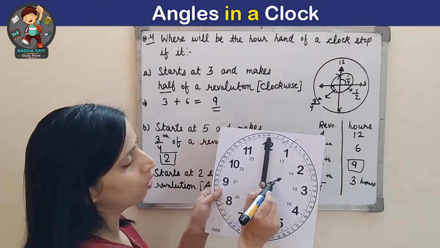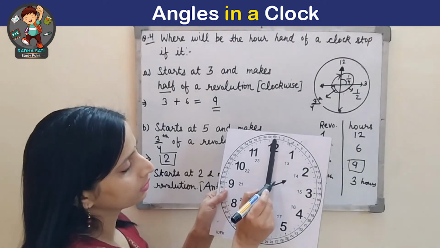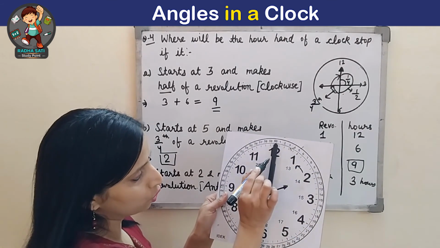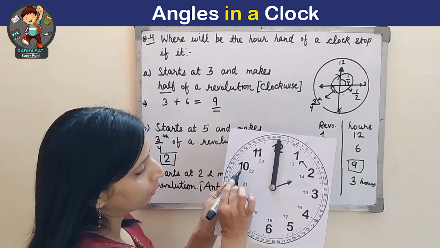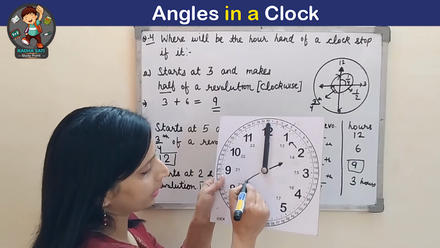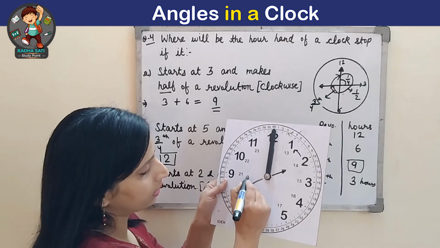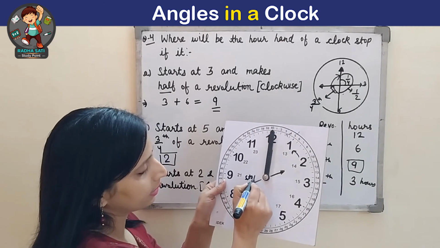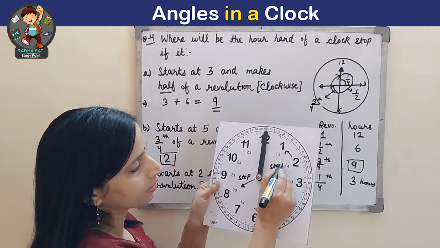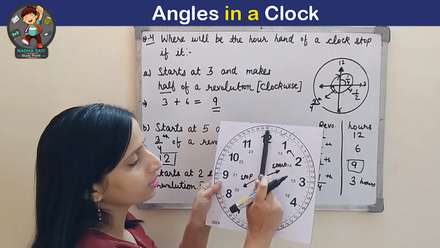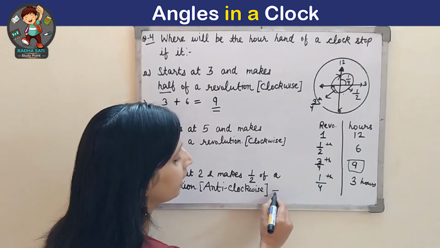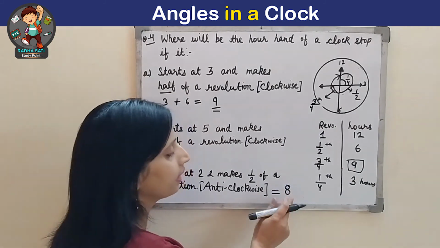So from 2, 6 hours back. So from 2 to 1, 12, 11, 10, 9, 8. This means now it will stop at 8. If it starts at 2 and makes half of a revolution anti-clockwise, then in this case our answer will be 8.